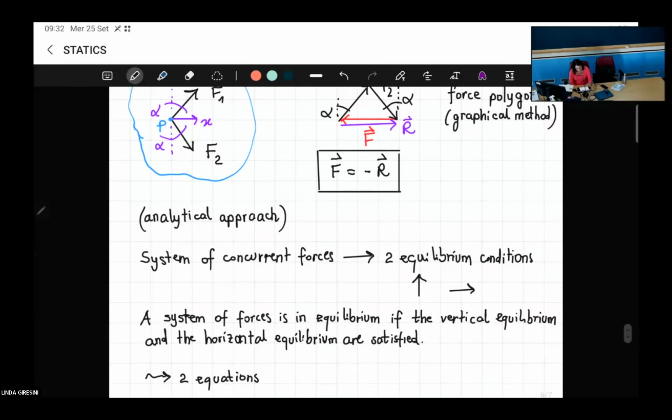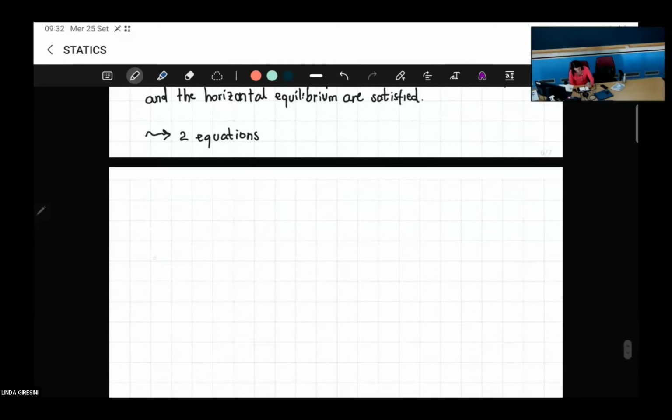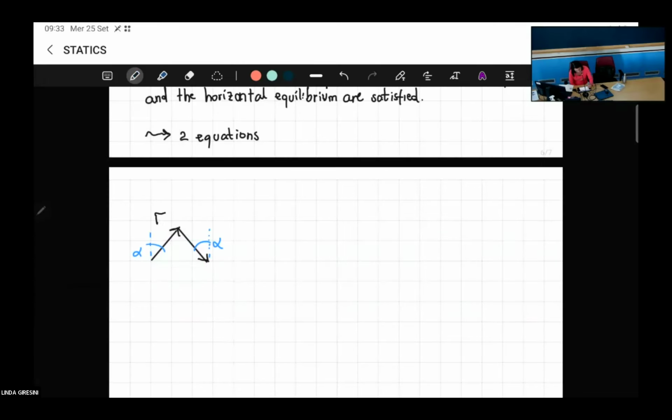Okay, so taking the same exercise, I just write it again. Here we have alpha, and here we have alpha as well. The forces are F1 and F2.